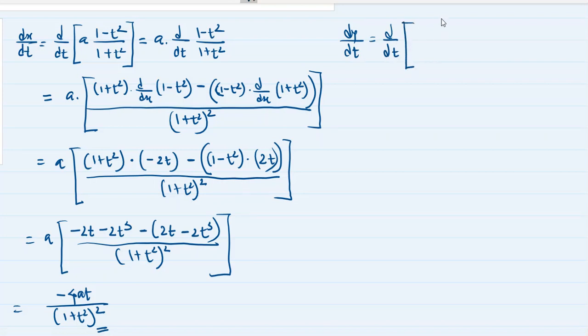y is b multiplied by 2t upon 1 plus t square, which is b into d by dt of 2t by 1 plus t square.